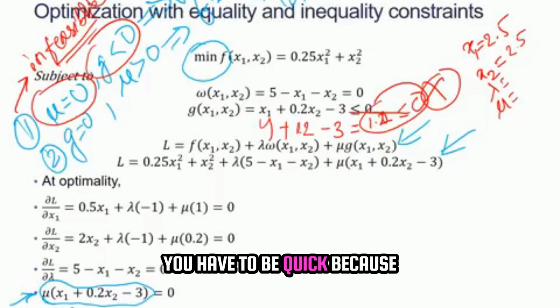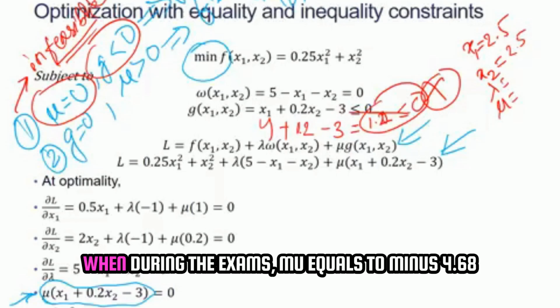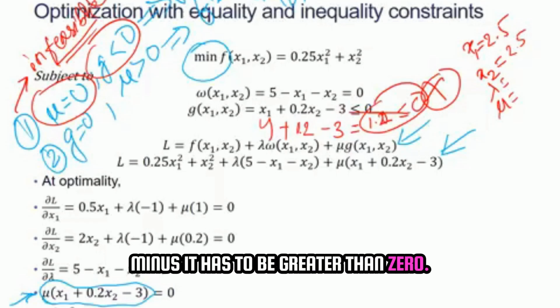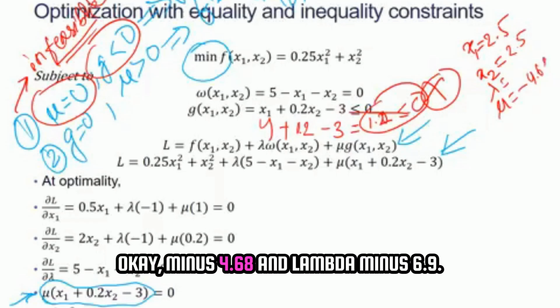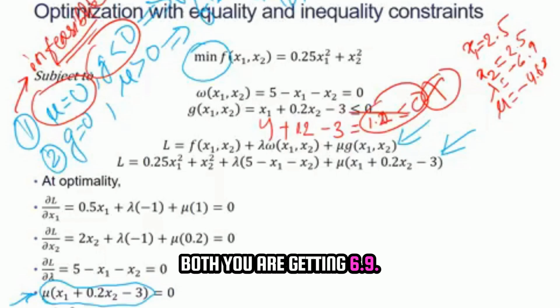You have to be quick because during the exams. Mu equals minus 4.68. It has to be greater than 0. Okay, minus 4.68, and lambda? Minus 6.9. Both of you are getting 6.9.